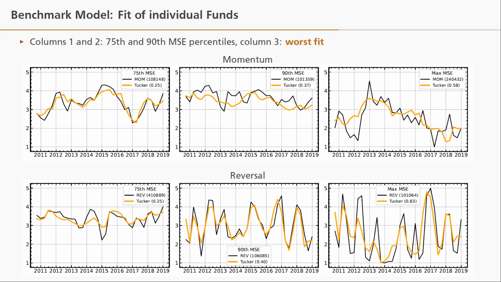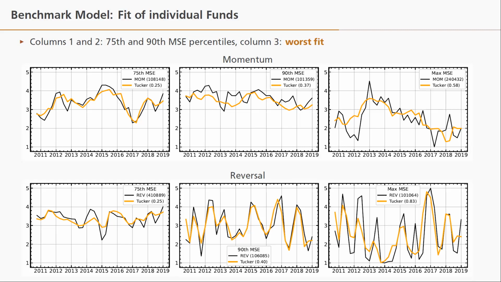And that helps with the intuition, because the structure of this model is actually quite similar to the 2-dimensional equivalent. So just to give an idea, this is now the fit of funds for momentum and reversal, for individual funds. This is the way I pick the fund: this is a 75th percentile fund across MSE, this is the 90th percentile, and this is the fund with the worst fit.